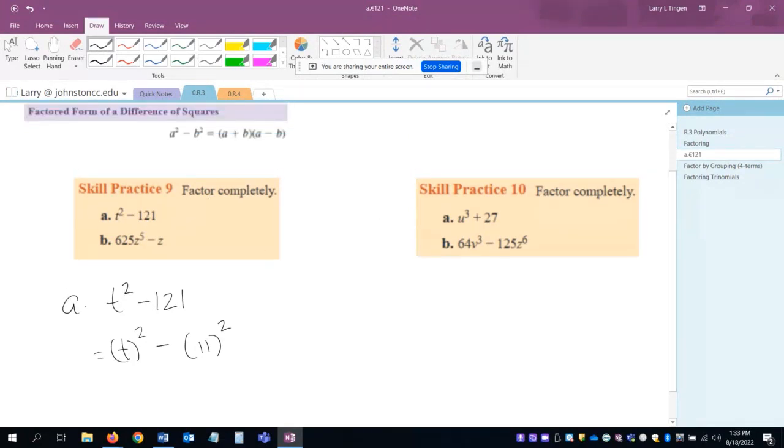The rule says if I have the difference of perfect squares, that this will always factor into a plus b times a minus b. Well, what is a for us? It's t. What's b? It's 11. A plus 11 times a minus 11. A gets swapped out for a t.